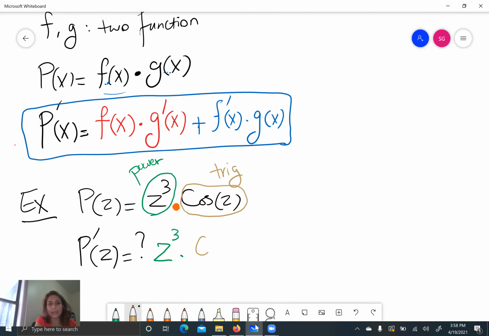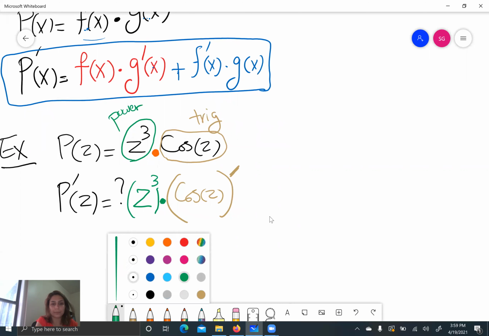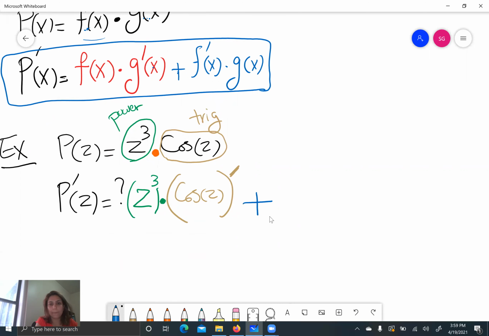So I need to take the derivative of cosine of Z, plus, now take the derivative of the first one. The first function is a power function. Take the derivative of that and multiply it by the second function. That's the idea. Okay, let's clean this up.